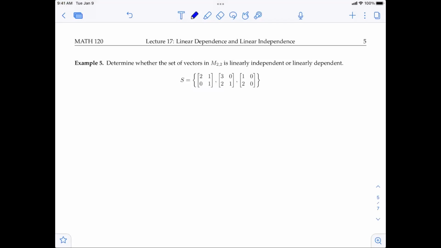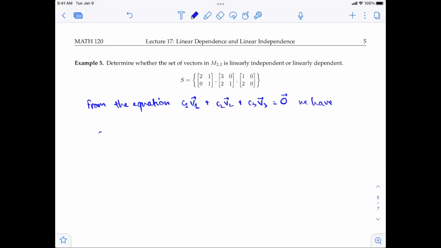All right, so from the equation, you have C1 V1 plus C2 V2 plus C3 V3 equal to 0. Even though those are matrices, we're just going to follow the vector equation for now. So V1 is equal to this matrix, V2 equal to this matrix, and V3 equal to this matrix.